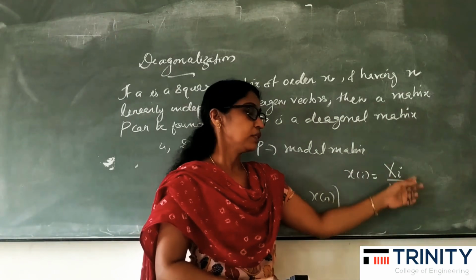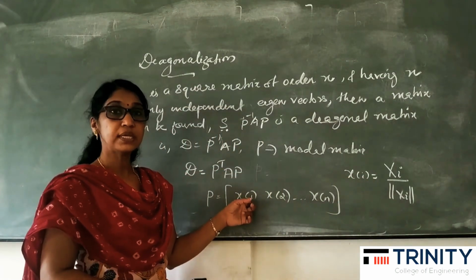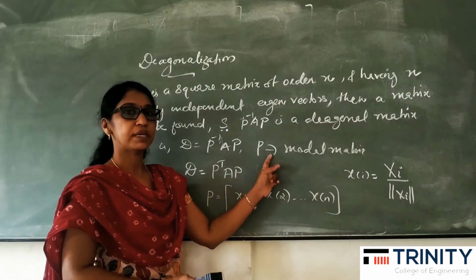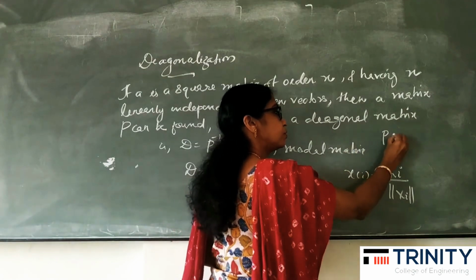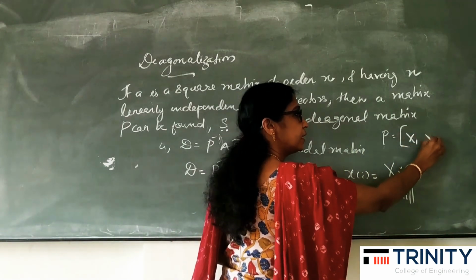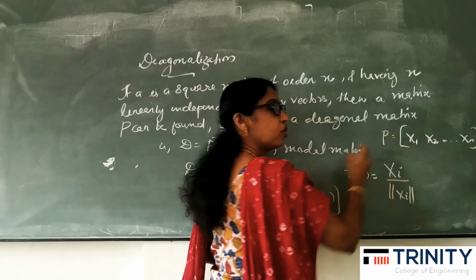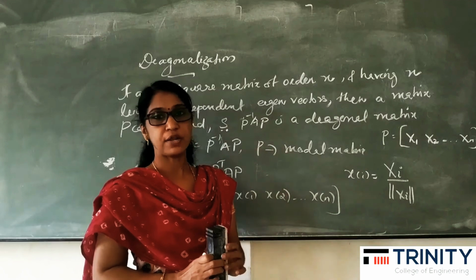Okay, so this is the formula for finding xi, and it is used in symmetric matrices. Here P is a model matrix. This P can be found using the formula P equals the matrix x1, x2, etc., xn. These all are the eigenvectors obtained from the eigenvalues.